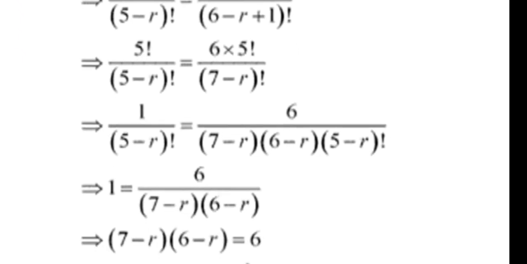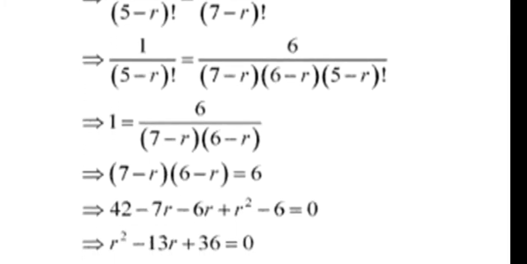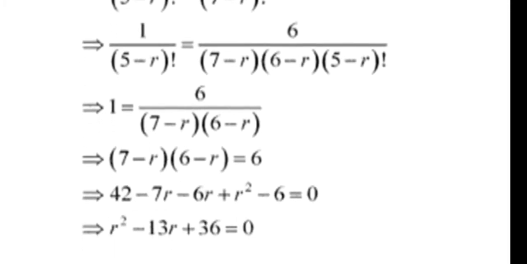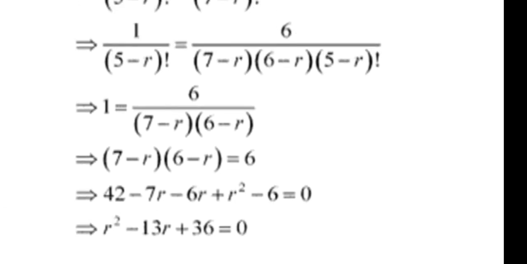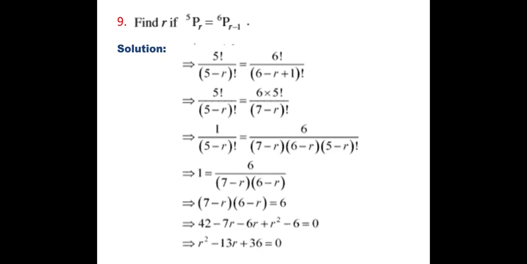If we expand factorial (7 minus r), the first term will be 7 minus r, then 6 minus r, next will be factorial (5 minus r). The factorial (5 minus r) gets cancelled, and it will be 1 equal to 6 by (7 minus r) into (6 minus r). Now after removing the brackets and cross multiplication, we get a quadratic equation, r square minus 13r plus 36.